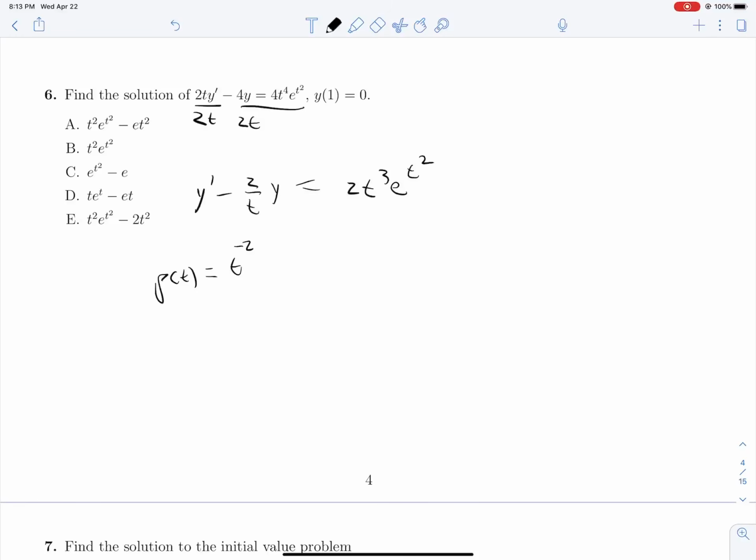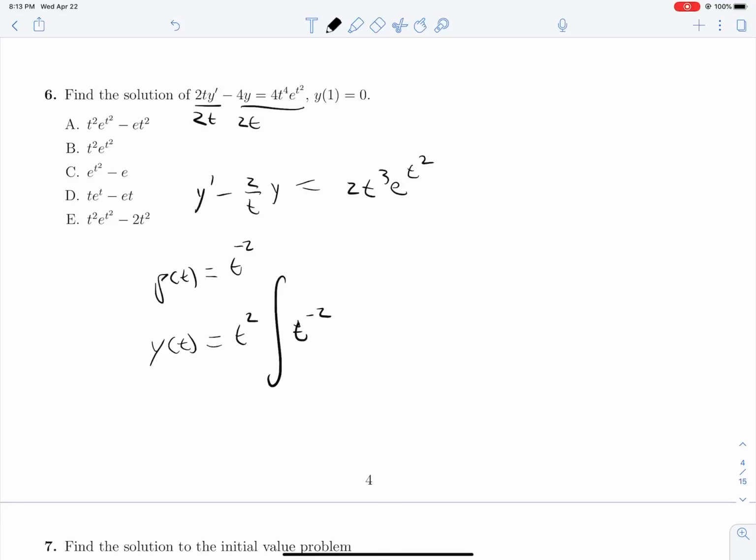We also know that we can write y of t as 1 over rho of t, so t squared times the integral of rho of t, t to the -2, multiplied by q of t, which is our right-hand side term here after we've divided out every term on our y prime.